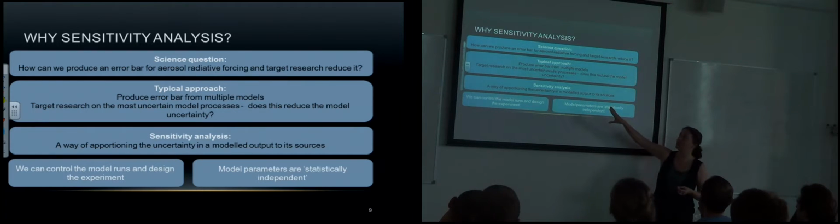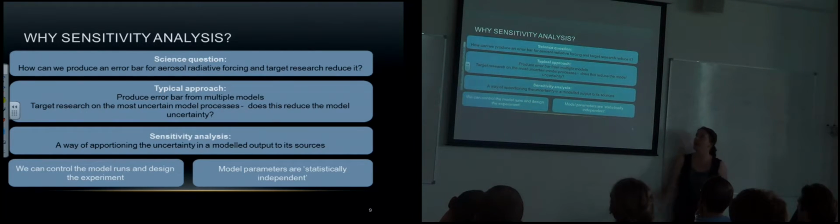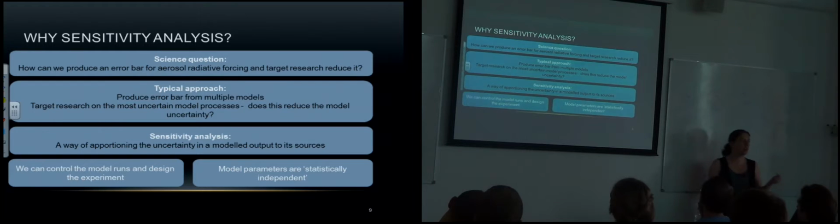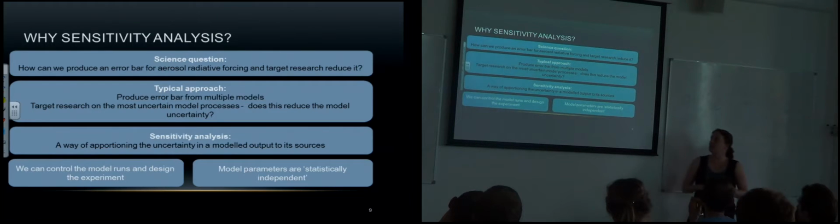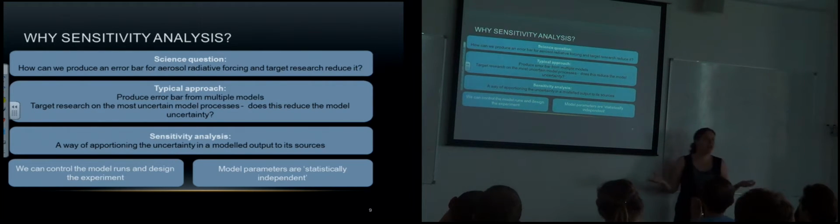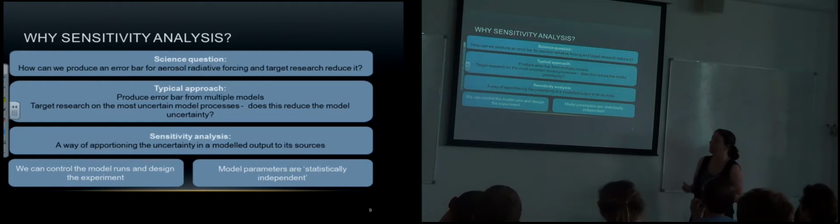But his question was, how can we produce an error bar for aerosol radiative forcing and target the research to reduce it? Because from multiple models, it's really difficult to target the research if you don't know where that uncertainty is coming from precisely. So what they were doing, as I've said, is just producing that error bar from multiple models.